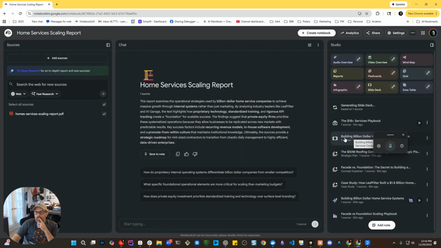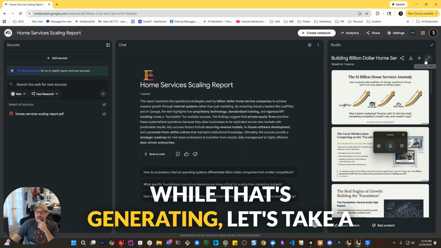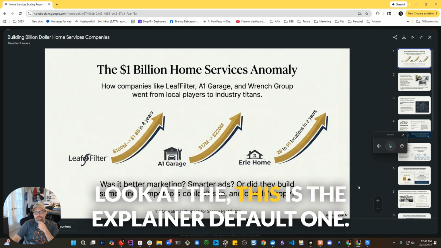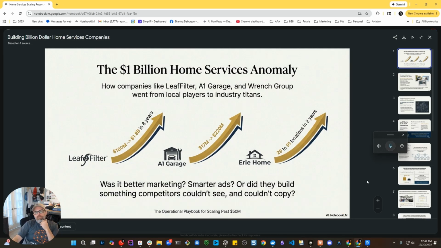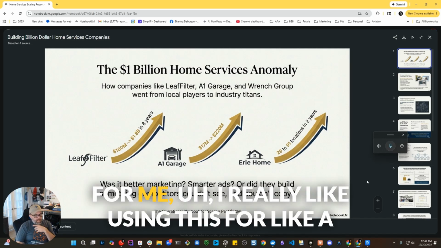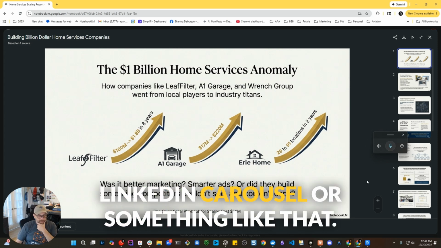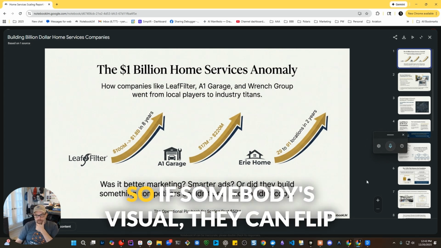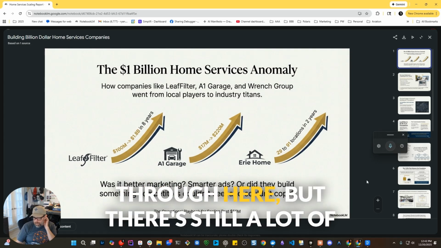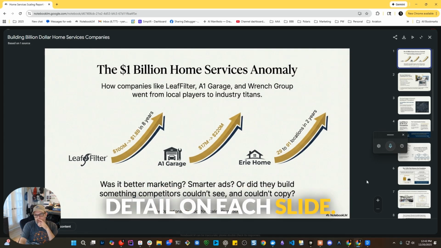Okay. While that's generating, let's take a look at the explainer default one. For me, I really like using this for like a LinkedIn carousel or something like that. So if somebody's visual, they can flip through here, but there's still a lot of detail on each slide.